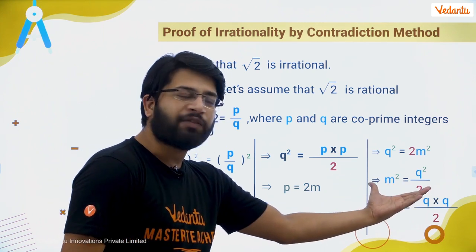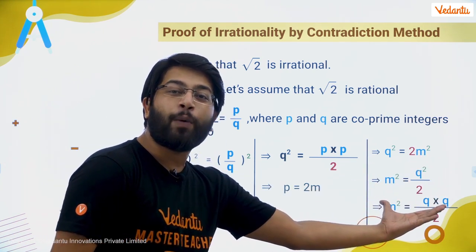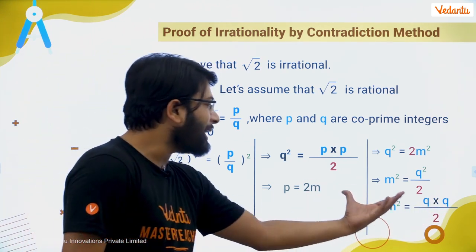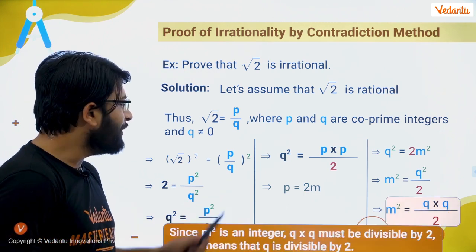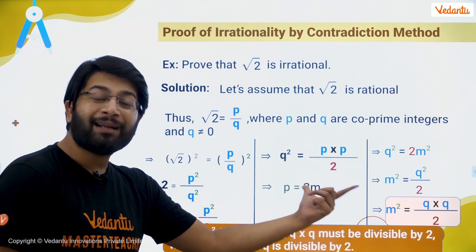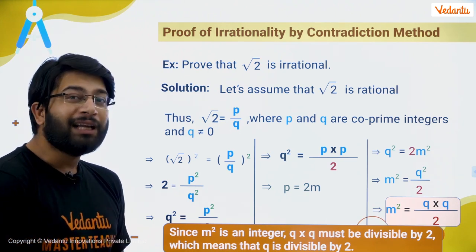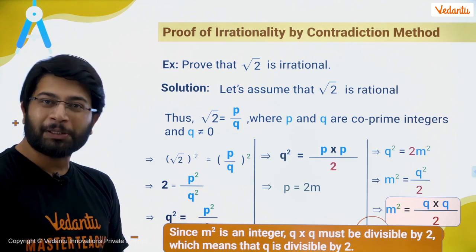After rearranging this equation, m square is equal to Q square by 2. Again the same method, right? That is, m square equal to Q into Q by 2. From here we can say that Q square is divisible by 2 because m is an integer. If Q square is divisible by 2, then Q must be divisible by 2 also.